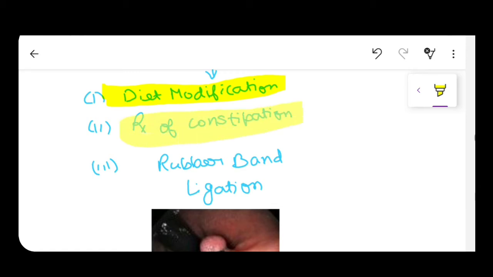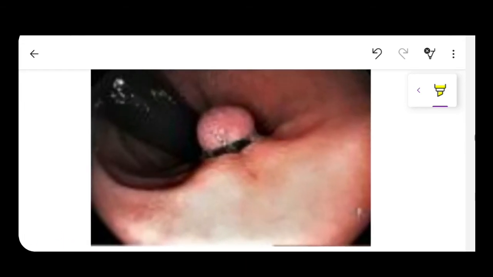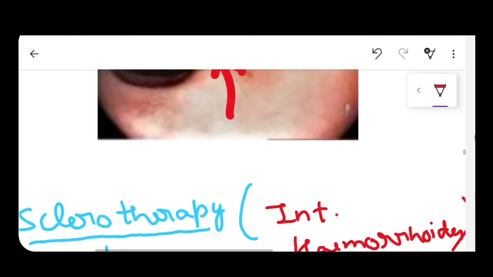We can treat the constipation. We can use rubber band ligation. Here you can see in this diagram, this is a rubber band which is applied around the neck of the hemorrhoid. So this is the rubber band ligation of the hemorrhoid.